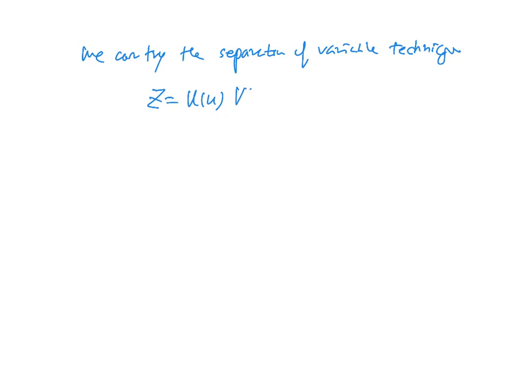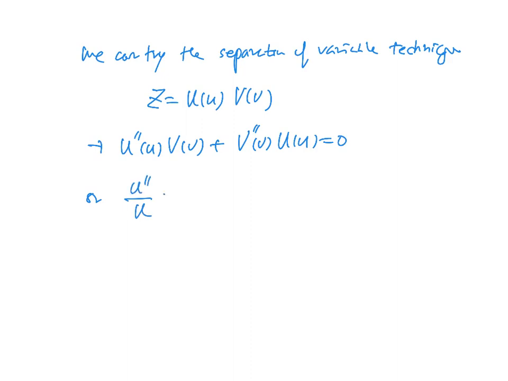So we can try the separation of variables. So z as u of u times v of v, then v u double prime plus u v double prime is equal to 0, or u double prime over u is minus v double prime over v is equal to some constant, say minus k.